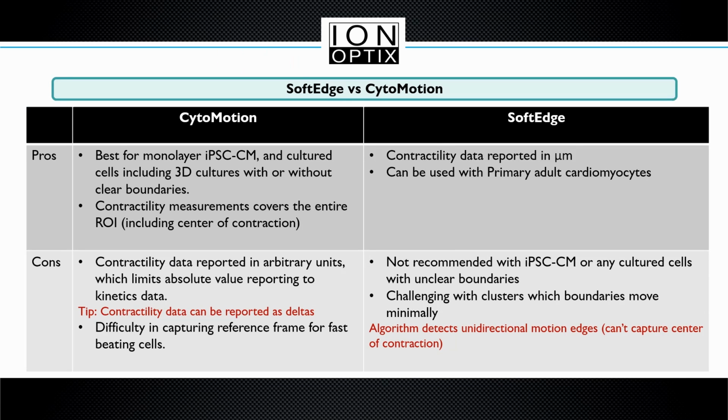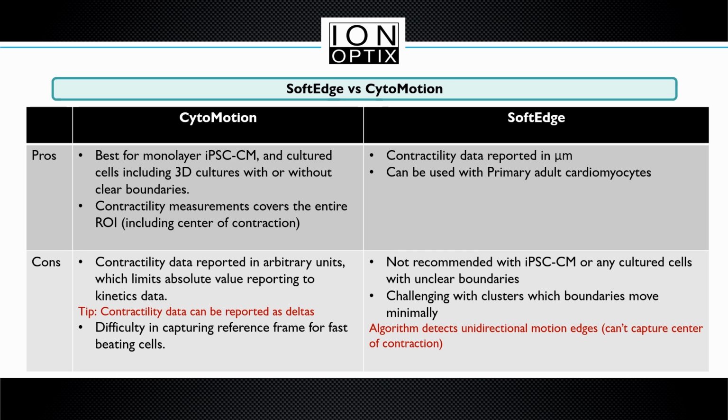Since edge detection is applicable to comparable sample types as CytoMotion, let's provide an overview of the advantages and disadvantages of each algorithm. The advantages of CytoMotion include that it is ideal for monolayer iPSC cardiomyocytes and cultured cells, including 3D cultures. It also captures contractility measurements that cover the entire region of interest, including centers of contraction.